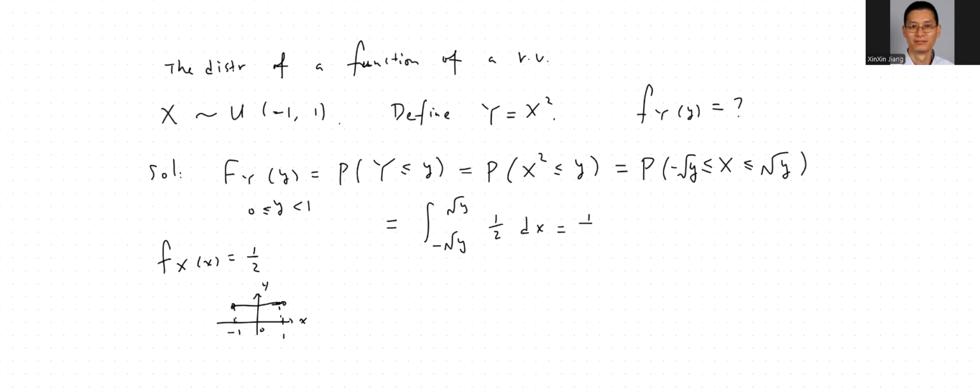So I have one half x as the antiderivative. x runs from negative square root y to square root y, so I have one half times 2 times square root y, which is square root y.